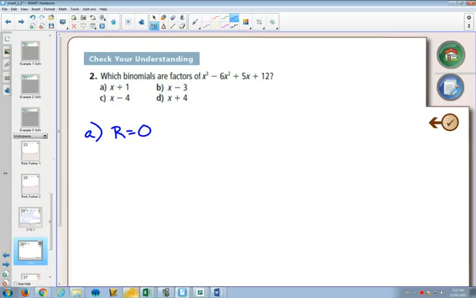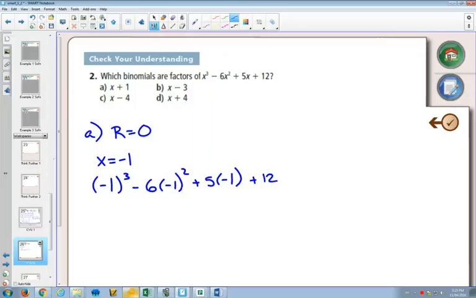use synthetic division? I might, in example A, actually figure out what happens when I plug in x equals -1. Because mental math-wise, can you see that that's not going to be too hard to do? You're going to have -1 cubed minus 6 times -1 squared plus 5 times -1 plus 12.